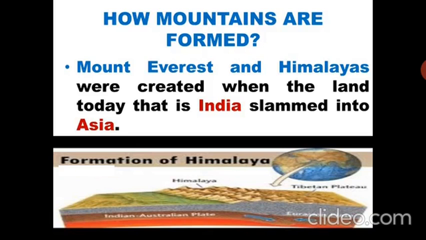You can see with the help of this picture that the Indo-Australian plate was slammed into the Eurasian plate, and then Mount Everest and the Himalayas were created. Now you understood, students, how mountains are formed.